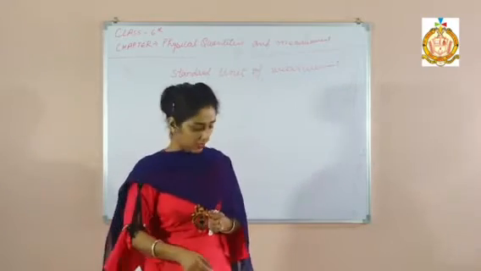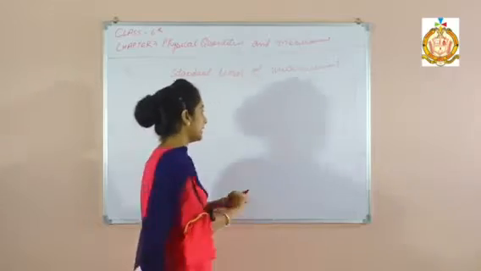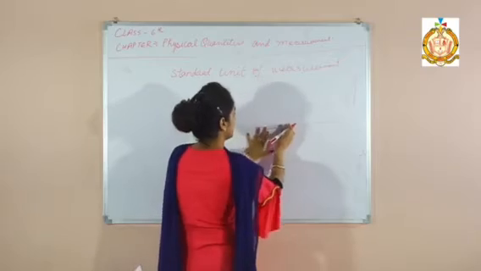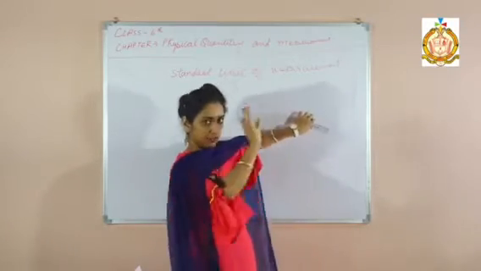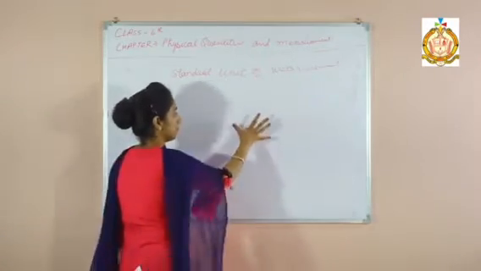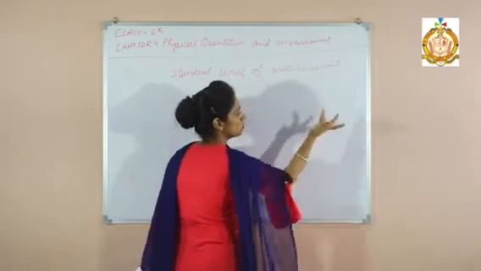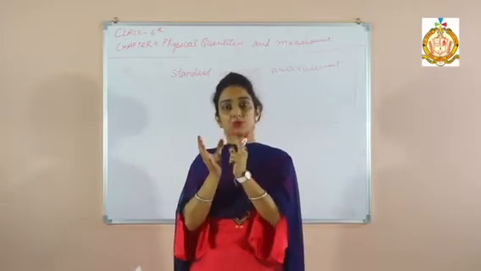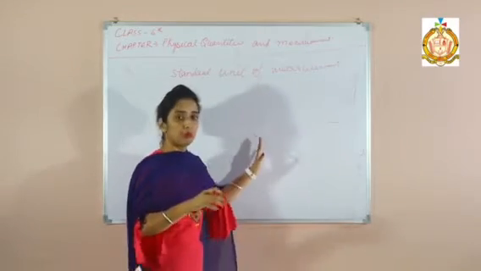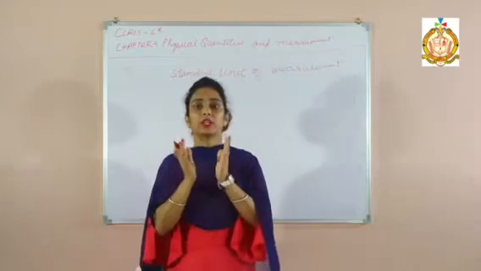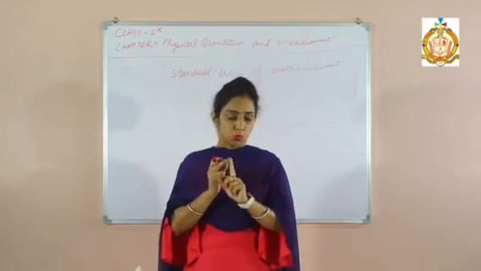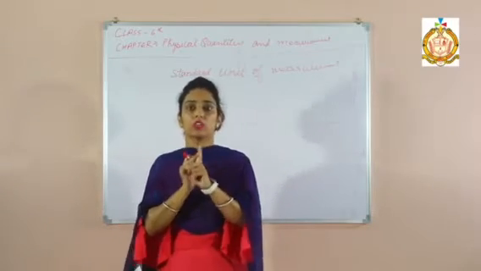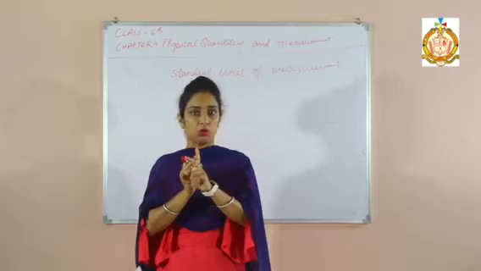For example, you have a scale and I tell you to measure the length of the line. That is 15, 30 and 45 centimeter. And if I measure it with the help of this hand, 1, 2 and 2.5, it varies from person to person, because somebody's hand is small and somebody's is big. But a standard unit gives an accurate value, and it is the same all over the world.